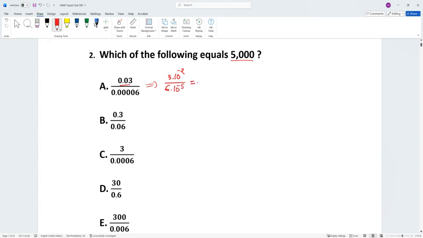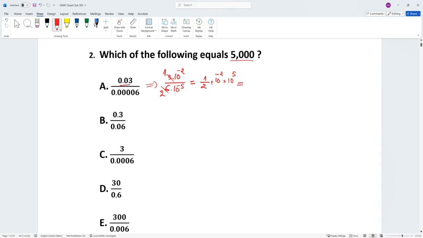So if we simplify this, it's going to give us 1 over 2 times 10 to the power minus 2 times 10 to the power 5, because this one, when it goes up, it changes the sign.